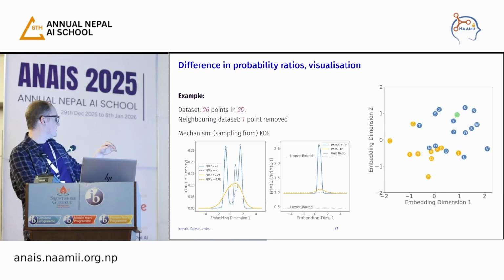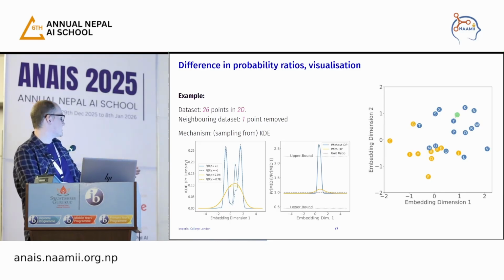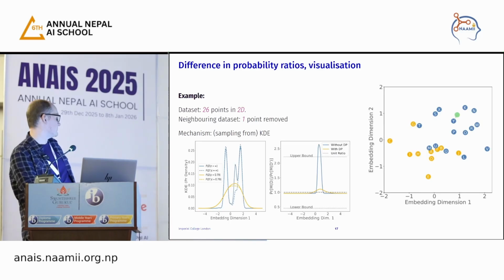And what differential privacy essentially does is it says for each point of this output, the difference, if you divide one by the other, can only be so much, and specifically only so much as you set it with the epsilon parameter, right?